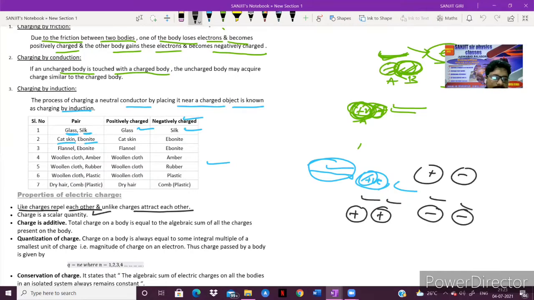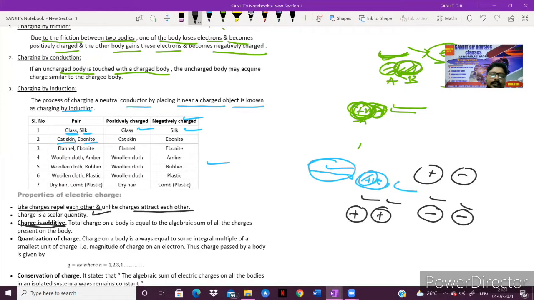The next one is that charge is a scalar quantity. It has only magnitude. A scalar quantity means a quantity which has only magnitude. Then another property is that charge is additive.